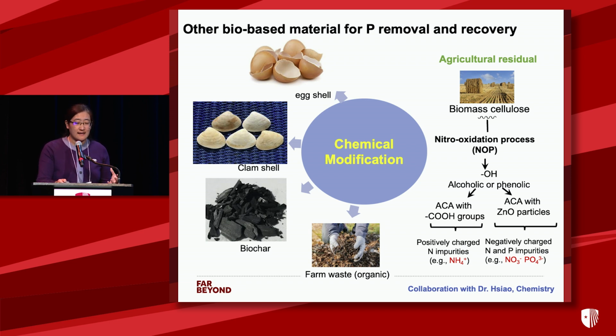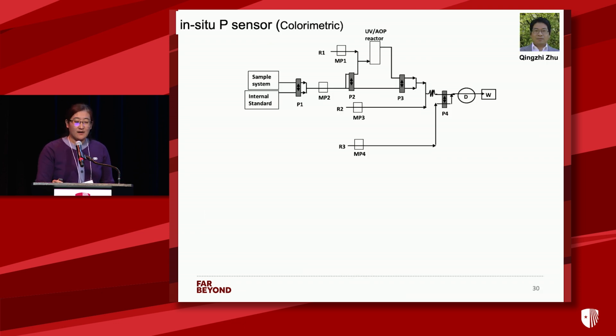We are using agricultural residue, which is abundant in cellulose. By applying a modification technology called NOP, we are able to modify the cellulose with different functional groups. So basically, we can remove not only phosphate, as I indicated here, we can also remove other nutrients such as ammonium and nitrate.